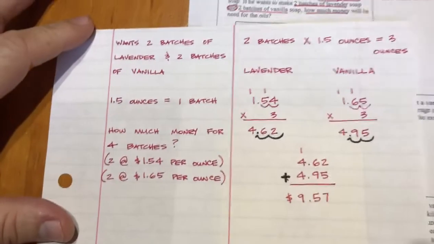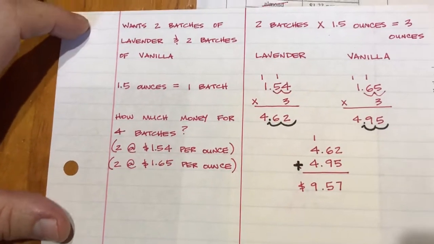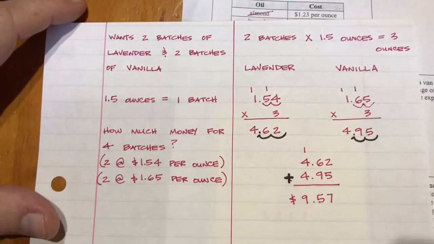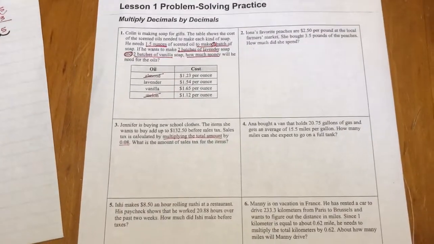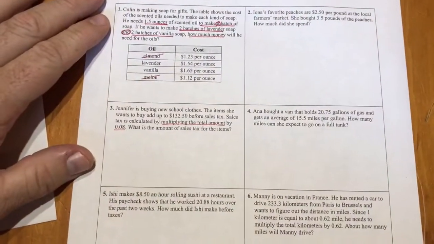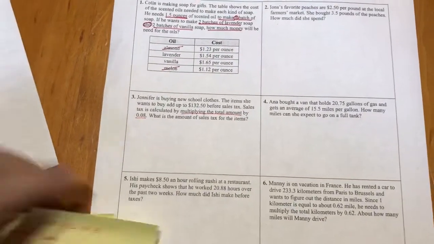This is a 2 to 3 step problem, thinking about each piece that you need. And as you go through the rest of these on tonight's homework, just realize that these problem solving situations sometimes have 2 and 3 steps. So organize what you're working on.